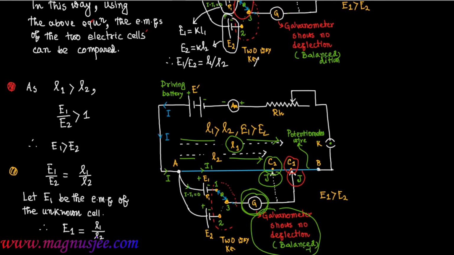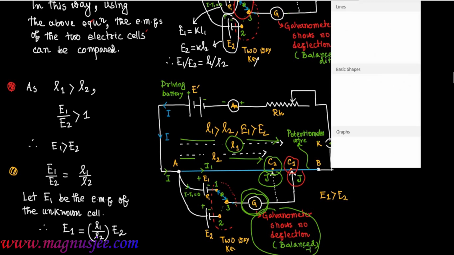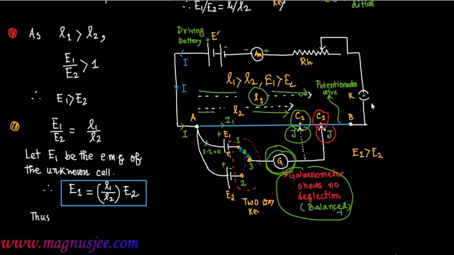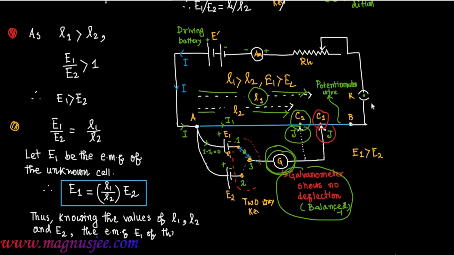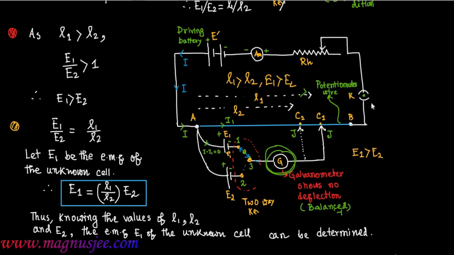In that case, E1 equals L1 by L2 into E2. Thus, knowing the values of L1, L2 and E2, the EMF E1 of the unknown electric cell can be determined.